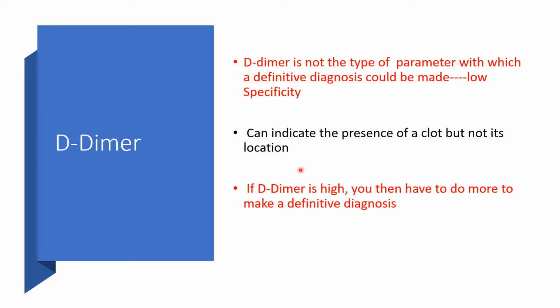So you can't tell from the D-dimer value whether this person is having clots along the coronary artery, pulmonary blood vessels, or deep vein thrombosis. You can't tell yet, but you will know that there is a clot somewhere. If the D-dimer is high, you then have to do more to make a definitive diagnosis. So it's a pointer.